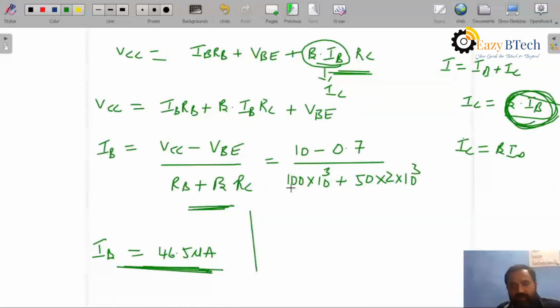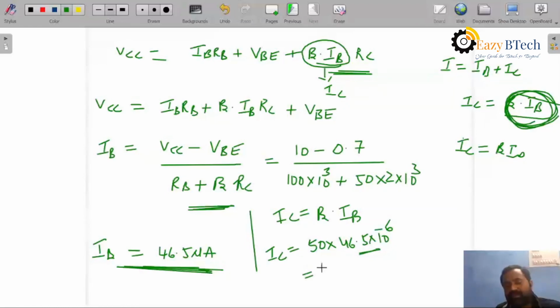Similarly, if you want to find IC, IC is equal to beta into IB. IC is equal to beta 50 into IB. IB is 46.5 into 10 power minus 6. Now the value of IC is 2.35 milliampere.